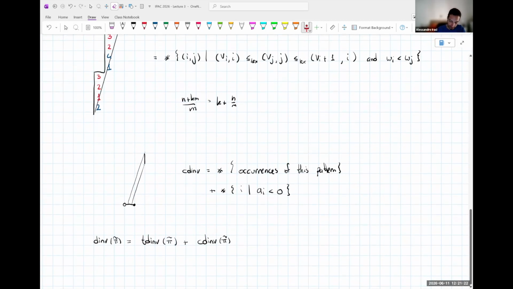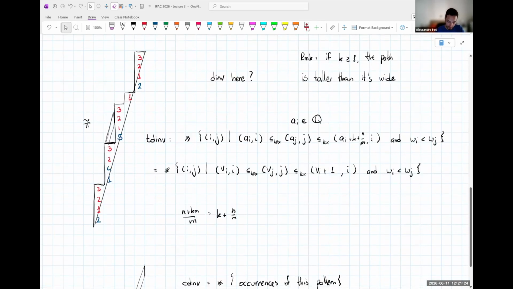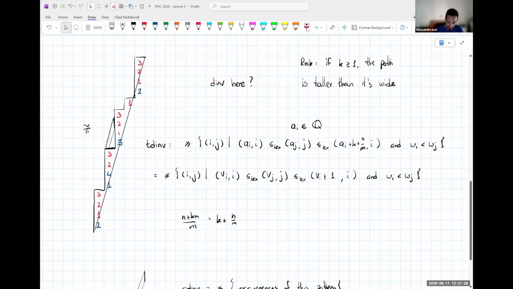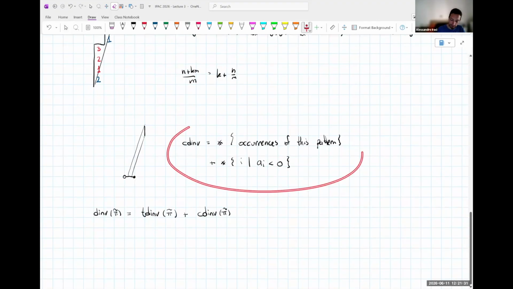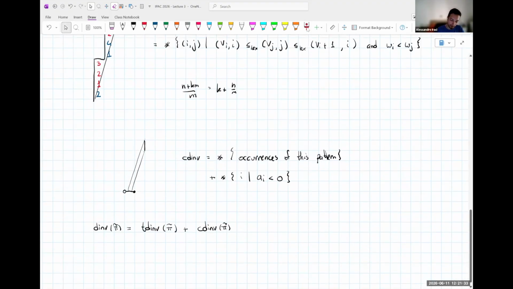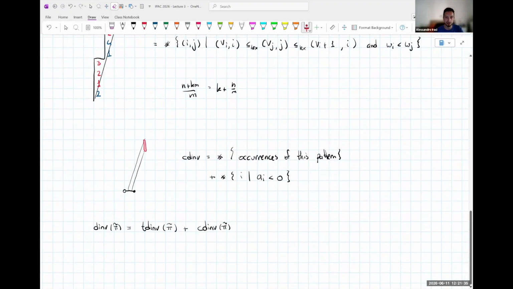What we would like to do to more easily interpret these summands is to split this part here, depending on whether or not the label associated to the north step is red or blue, is big or small.